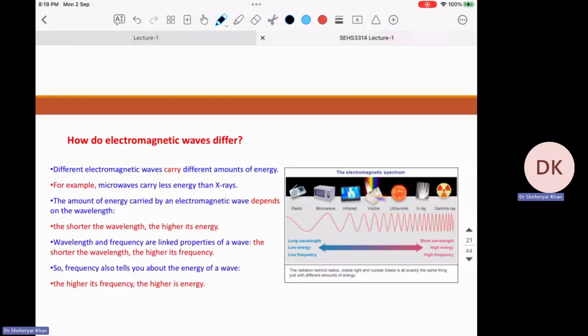For FM radio, you have a football pitch, and then you have a microwave similar to a baseball. As you move along, the light bulb is similar to bacteria, and the radioactive gamma material is equivalent to atomic nuclei, so small, right?